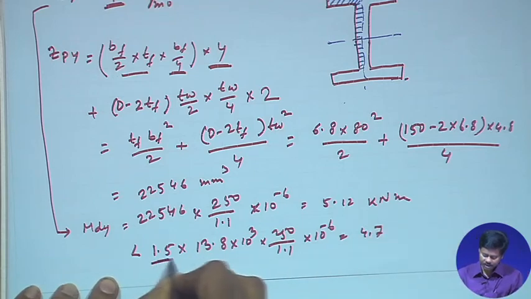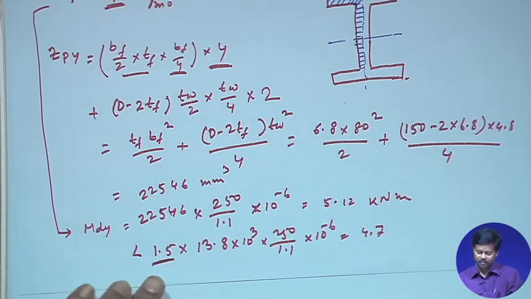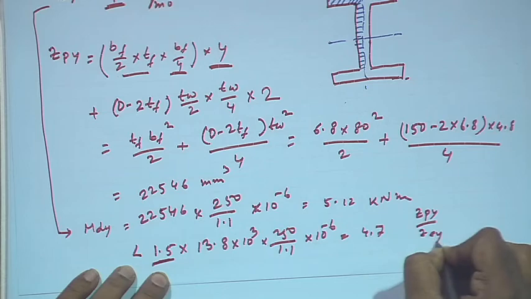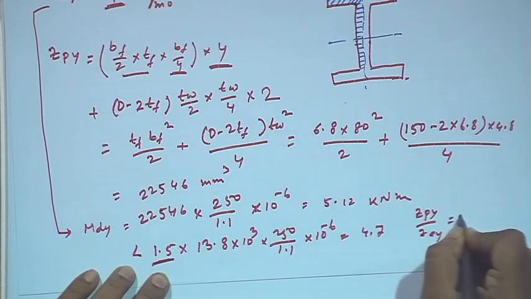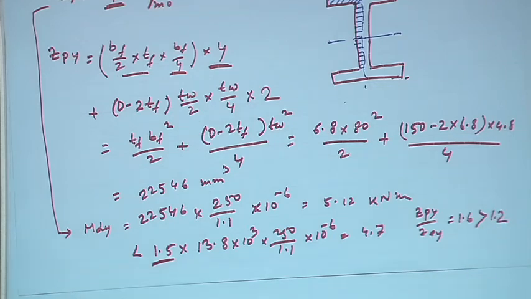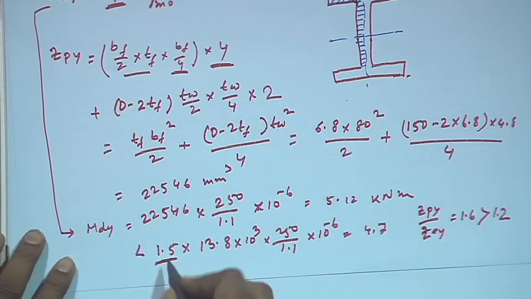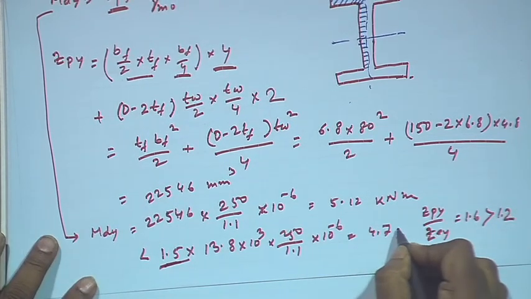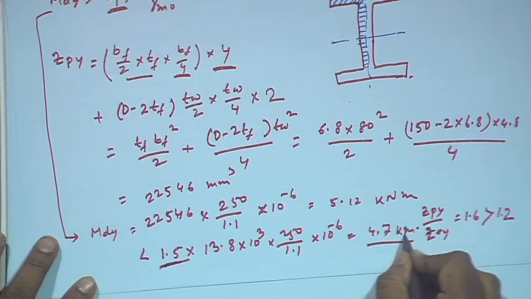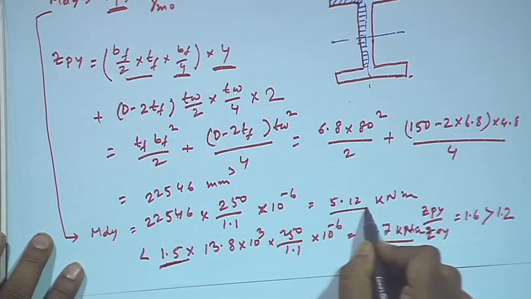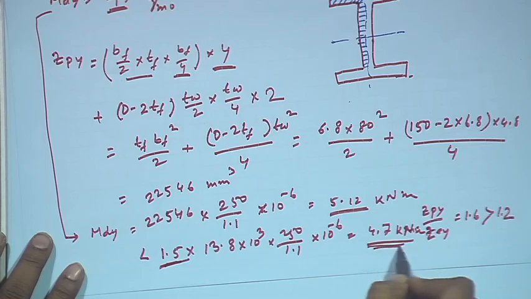Because here we have considered 1.5 in place of 1.2, as the Zpy and Zey ratio is 1.6, which is greater than 1.2. So, if the Zpy Zey ratio is greater than 1.2, we know that 1.5 will be considered in place of 1.2. So, the value is coming 4.7. So, Mdy value is coming 5.12 and it has to be less than or equal to 4.7.